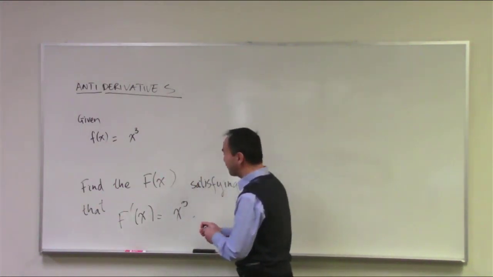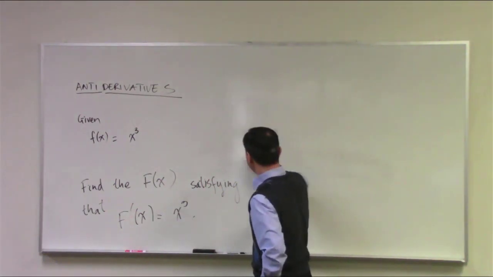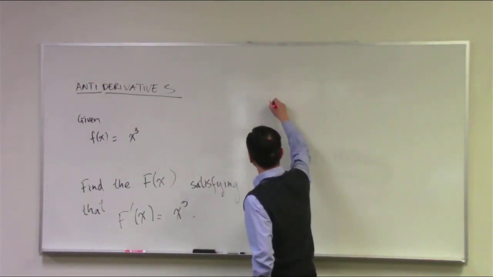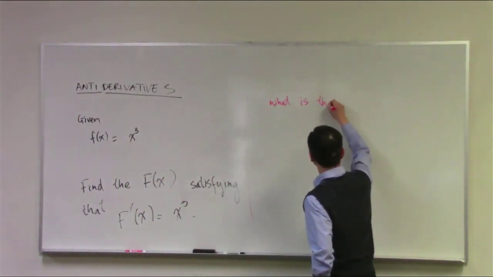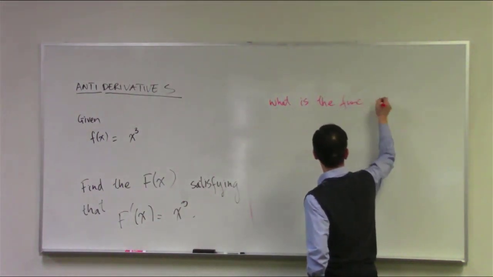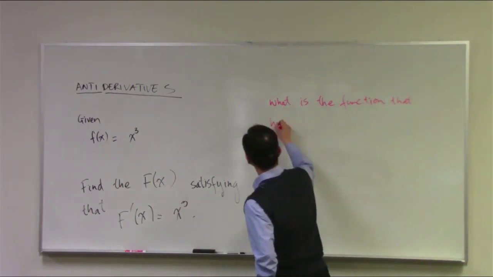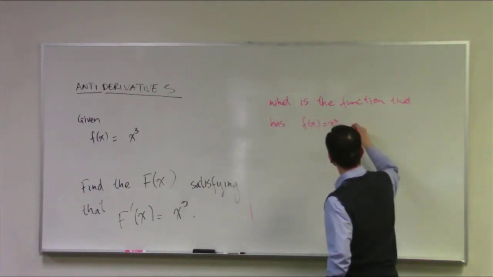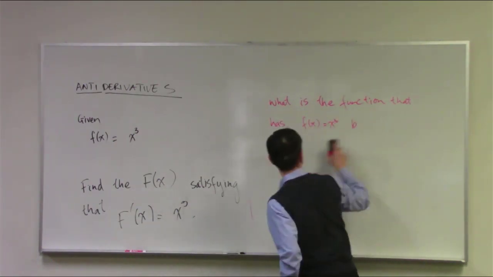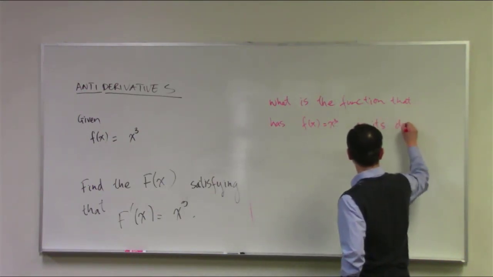This is the formal way the problem is worded, but the way to understand it is: what is the function that has f of x equals x cubed as its derivative?